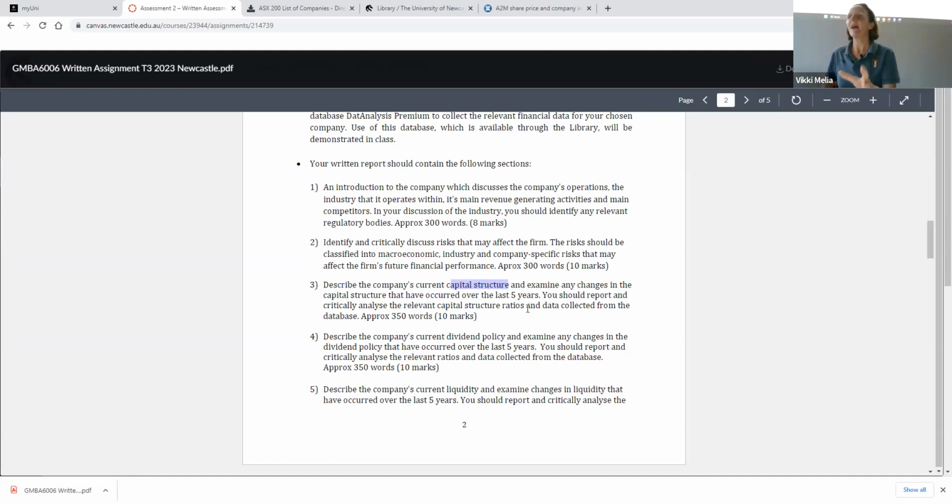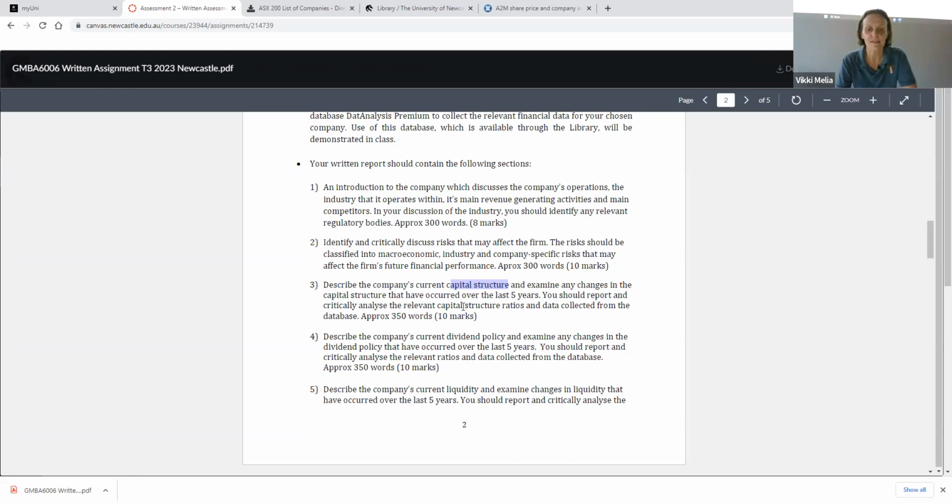So you're looking at whether the company is more reliant on debt or equity now, and has that changed much over the last 5 years? For some companies, it will have changed a lot, and for other companies, it won't. Every company will be different. So analyze the capital structure.